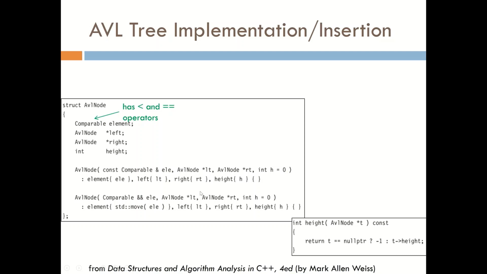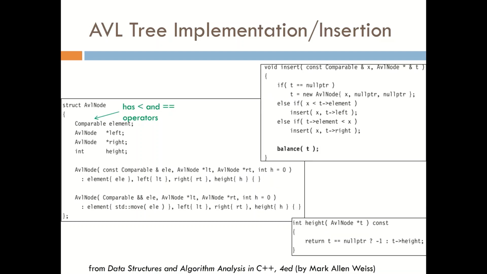And finally, let's look at the insert function. The insert function is a recursive function that takes a comparable element and then an actual node. And you notice that it calls itself in two instances.